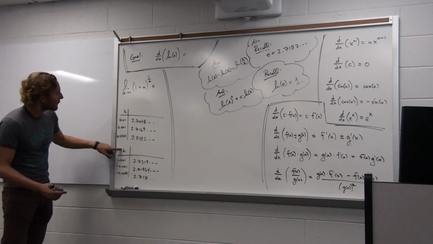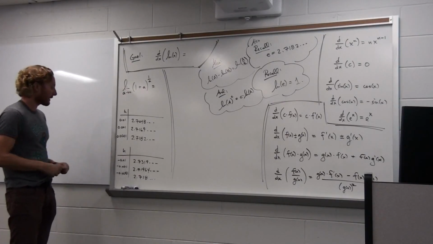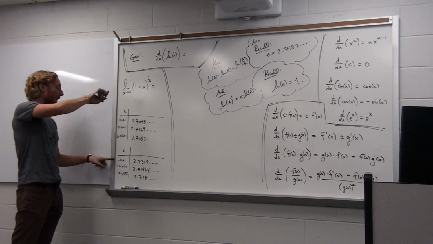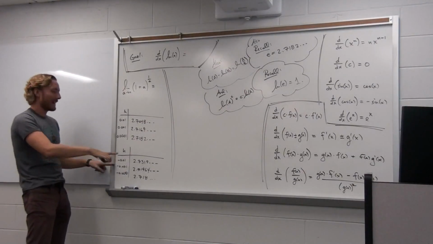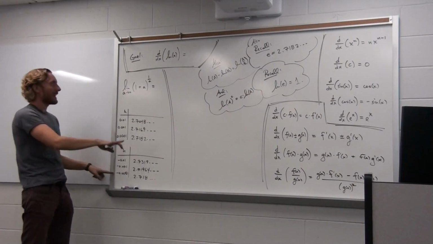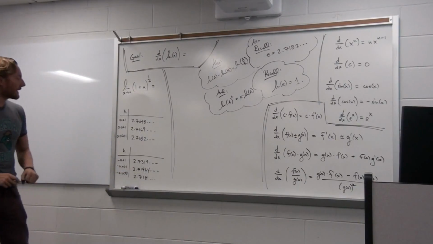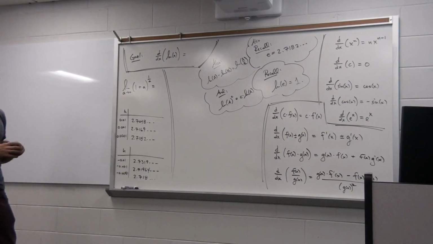You could also approach 0 from the left. If you plug in a values of like negative 0.01 and negative 0.001 and negative 0.0001, this comes out to be 2.718 as well.